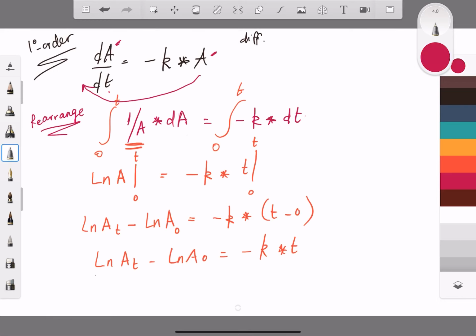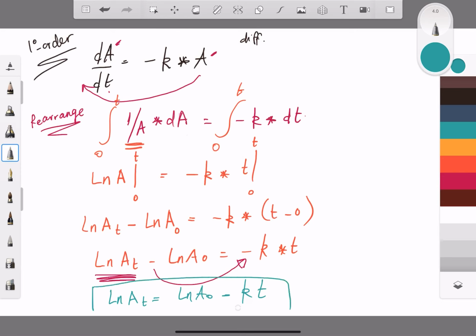We just need to move this to the other side of the equation. So it will be ln A at a certain time equals ln A naught minus k multiplied by the time.